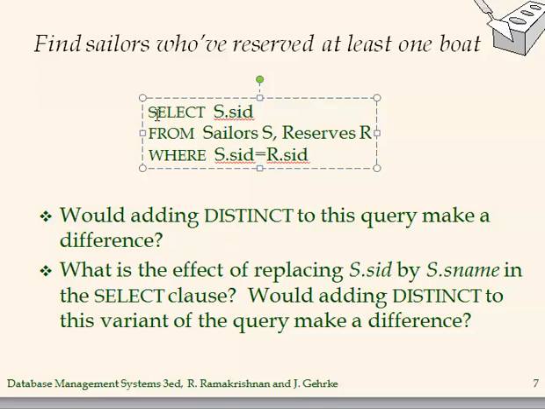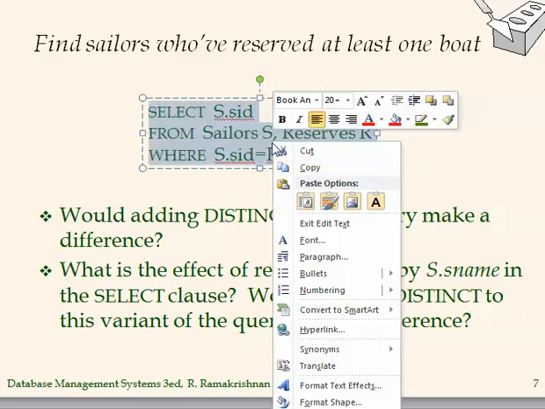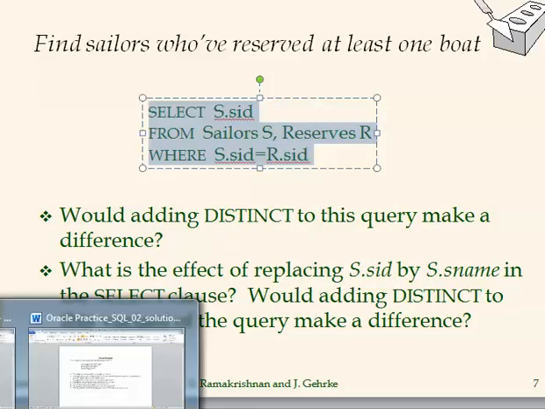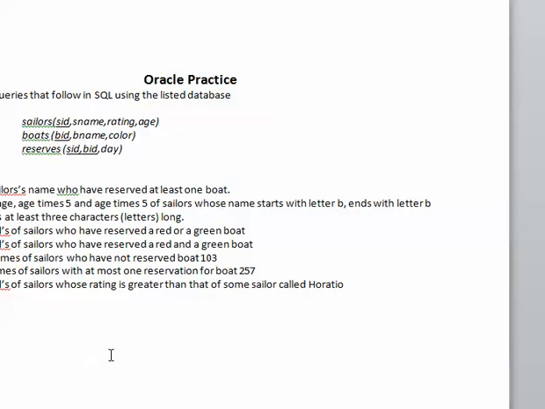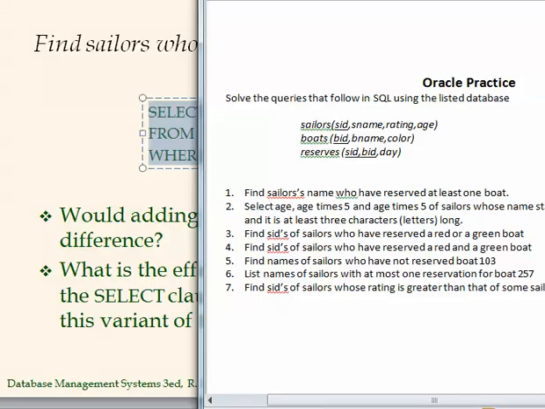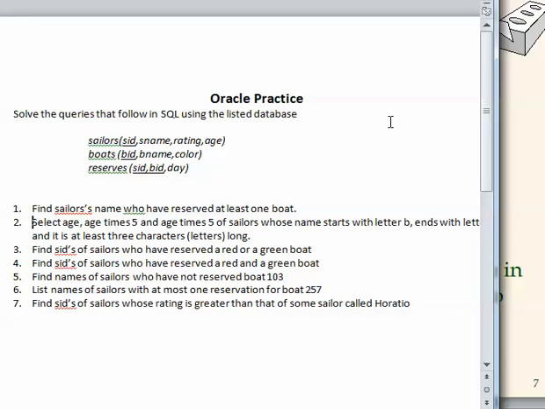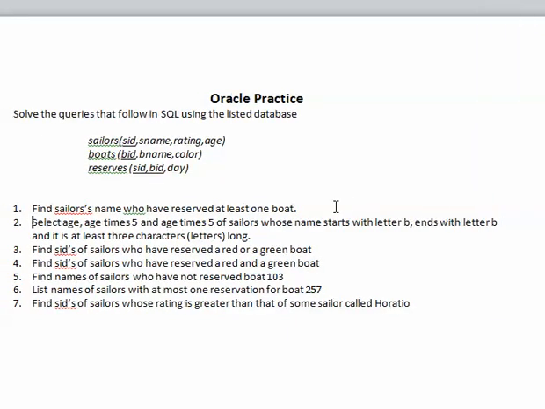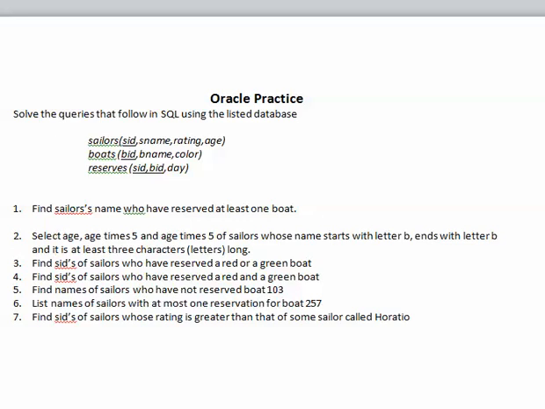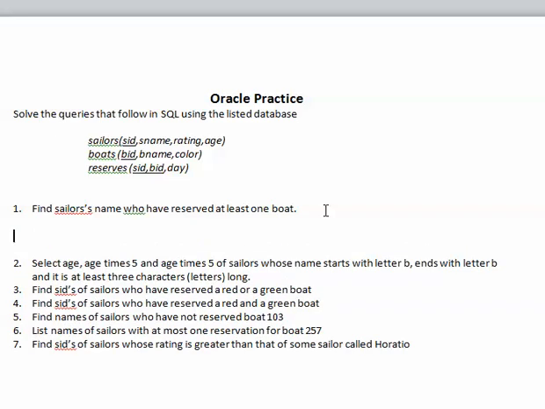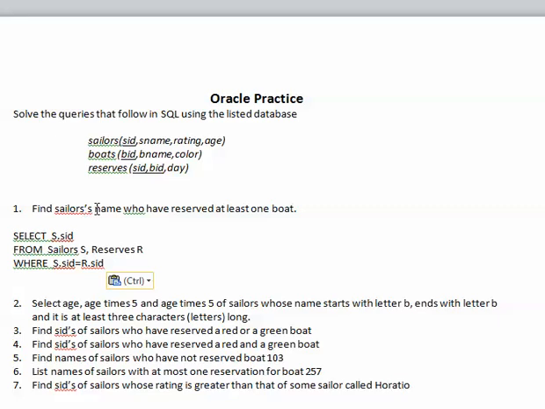So now I will copy this, and this will be a good answer for my first query on the exercises that I have. I will see if this matches here. You see in my question, so I'm pasting that, it says sailor's name, so I will change this SID for S name.